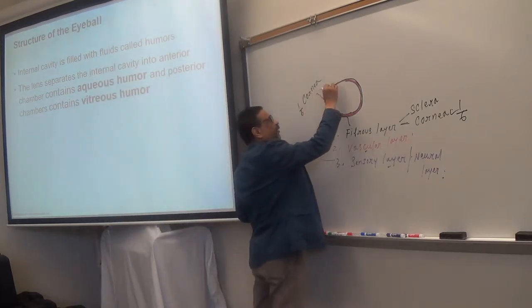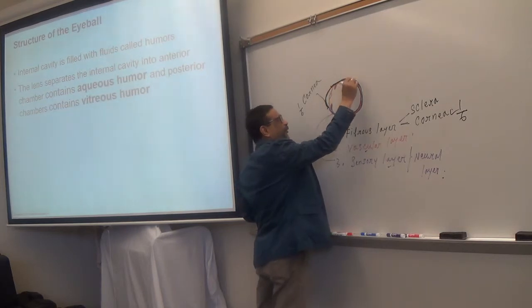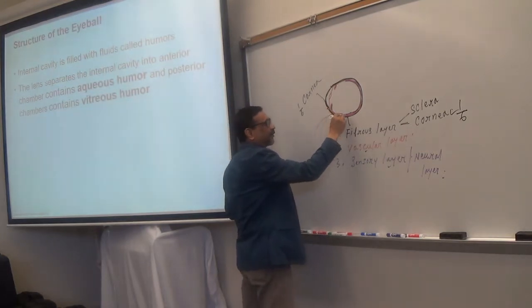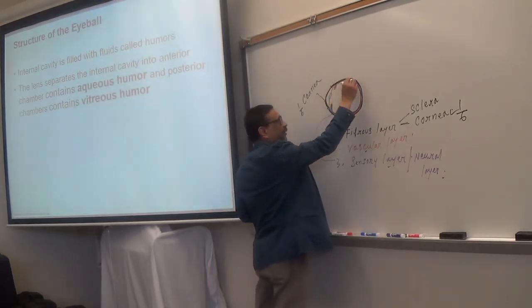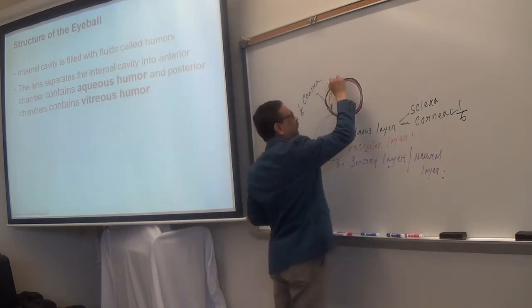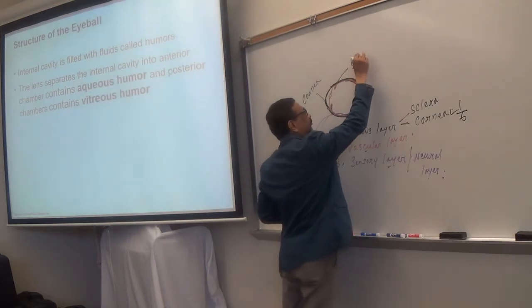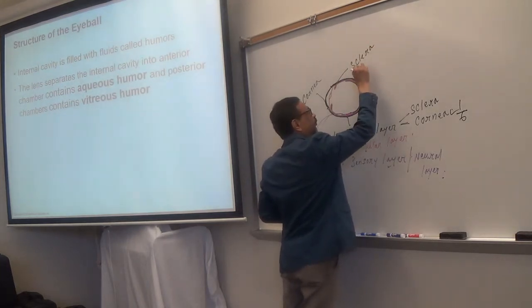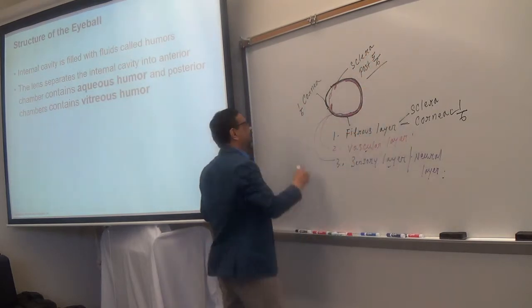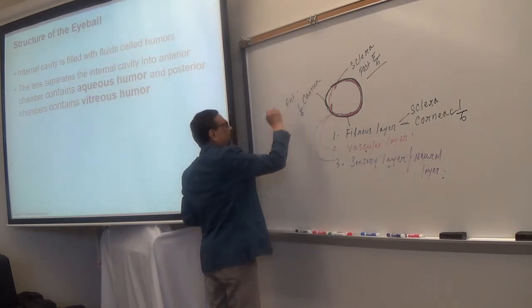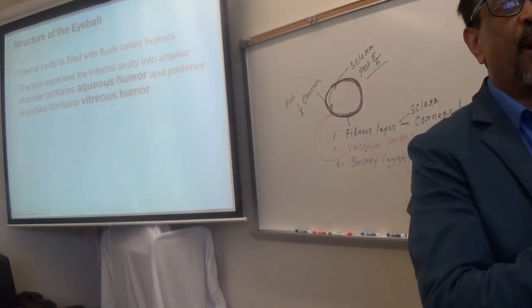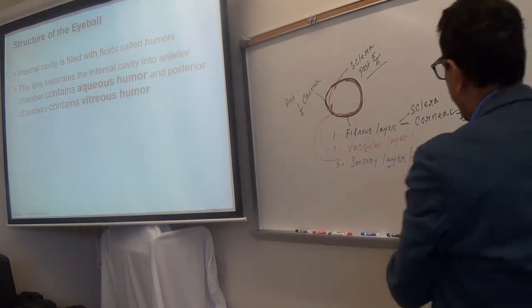And rest part, which forms about 5th, 6th part, is opaque, not transparent, and that's the white part of the eye. That is called the sclera. Sclera is posterior 5th, 6th part. Okay, the anterior 1/6 is transparent cornea, and rest part is white, opaque, and that's the sclera.